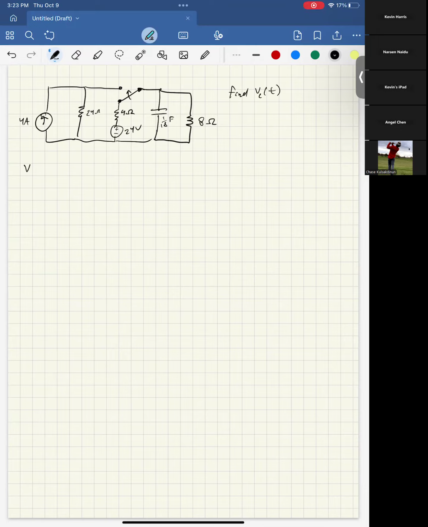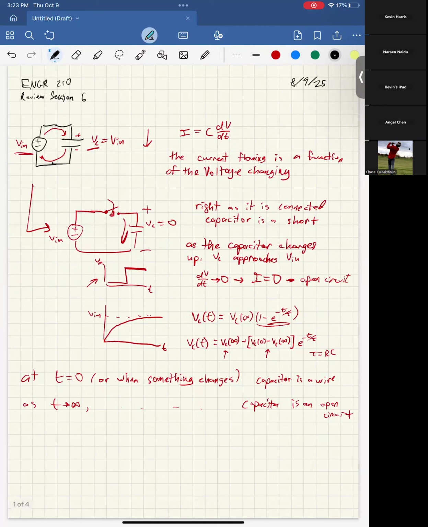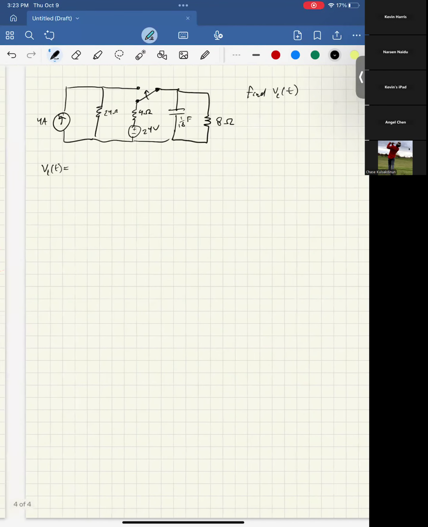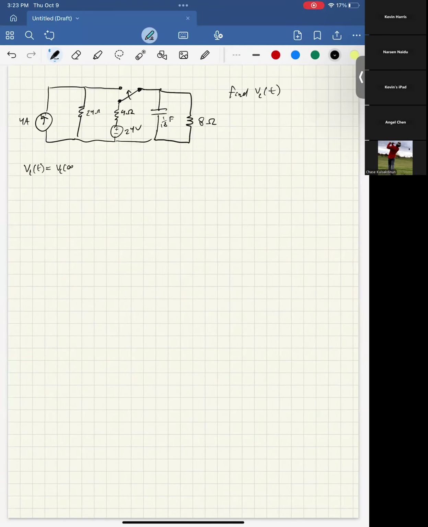And if we remember, VC of t equals VC of infinity plus VC of 0 minus VC of infinity times e to the negative t over tau, where tau is equal to RC. So for this question, we need to find VC of infinity, VC of 0, and tau.